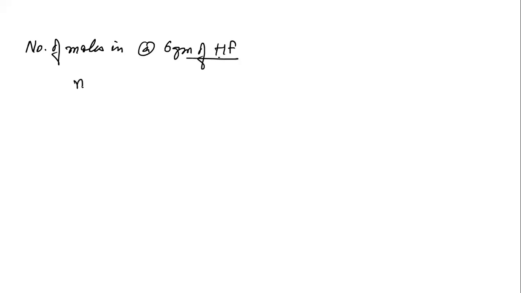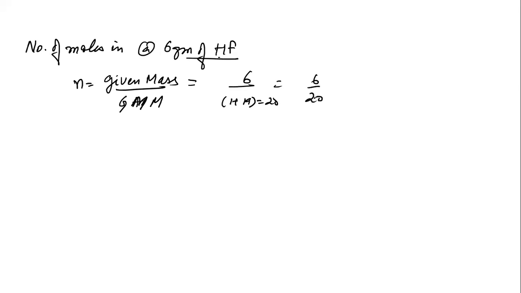Formula is n equal to given mass upon gram molecular mass. This is a molecule, so this is gram molecular mass. Given mass is 6, HF is 1 plus 19 is equal to 20. So this will be 6 upon 20.